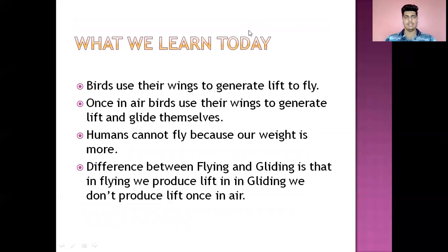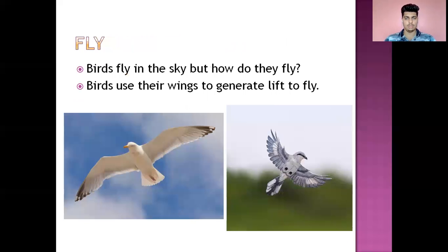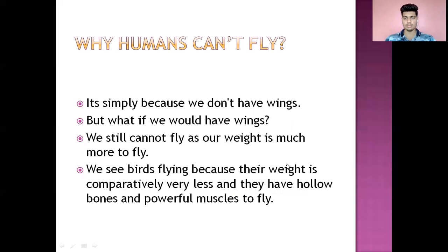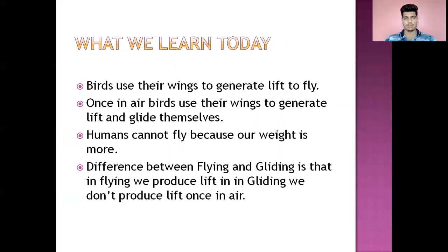So let us see what we learned today. Birds use their wings to generate lift to fly. I've shown you these, the wings which they use to generate thrust, and they use them for gliding as well.